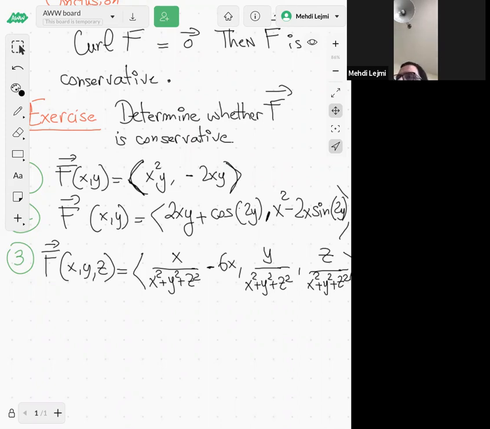So after this exercise, guys, we're going to try to answer the second question, which was: assuming F is conservative, how can we find the potential function f? So I will show you some examples of how to find the potential function.